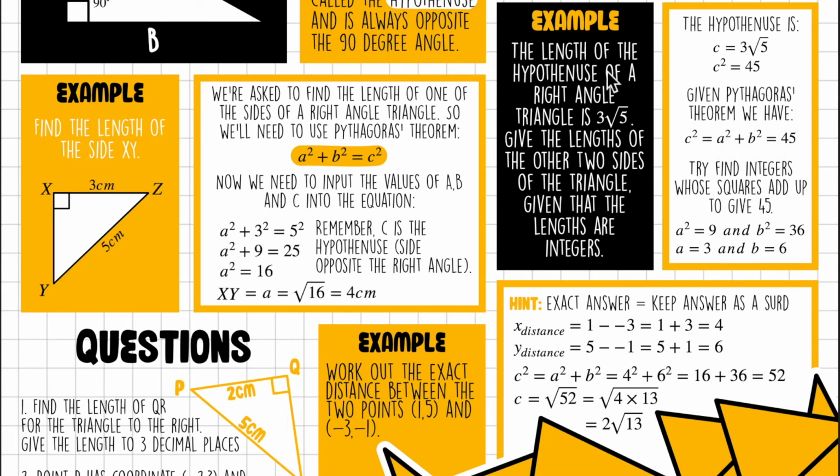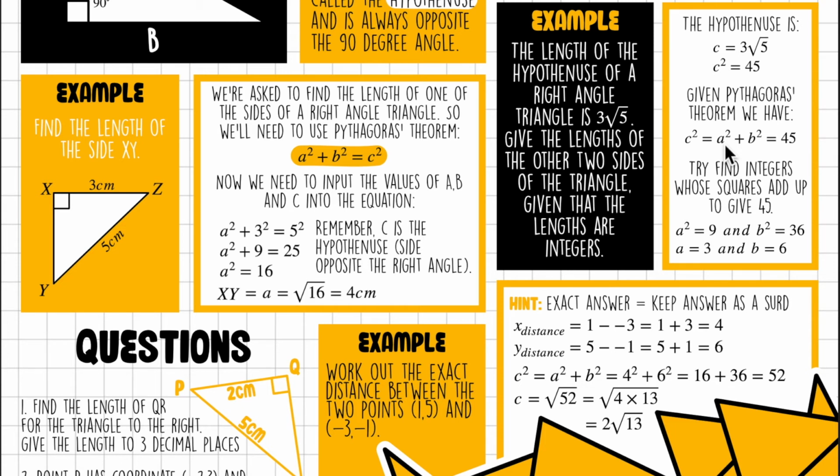And what the question is asking you is, give the length of the other two sides of the triangle, given that the lengths are integers. So we need to find what A and B are, such that they give 45, and that these A and B are integers. So what you can do is you can just write out lots of squares. So what's 2 squared? 4. 3 squared? 9.